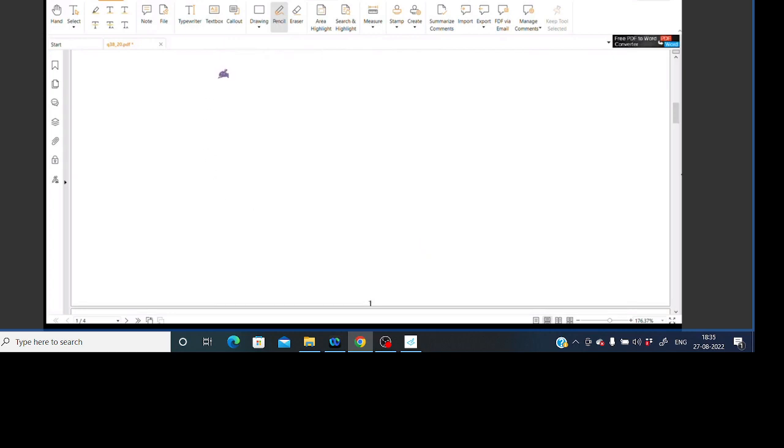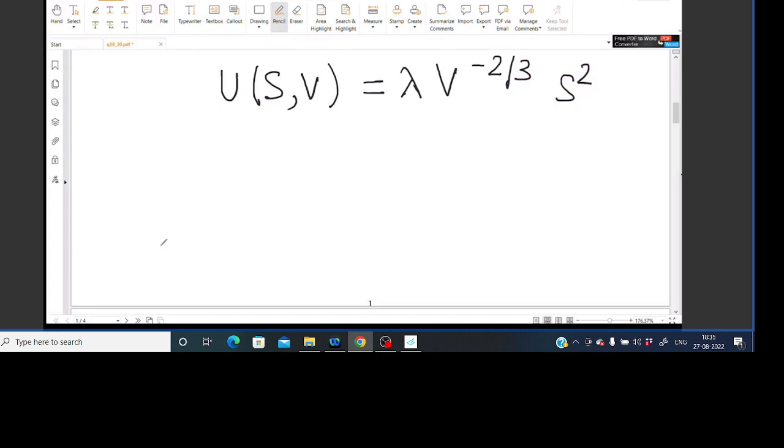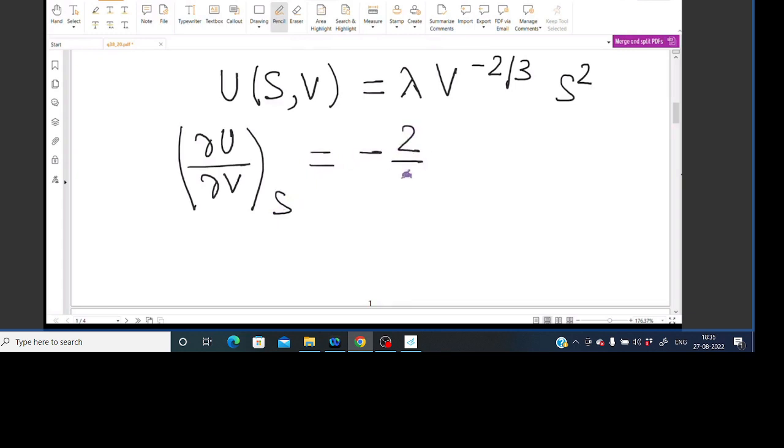In this question, we have U equal to lambda V to the power minus 2 by 3 S square. So del U by del V at constant S is equal to minus 2 by 3 lambda V to the power minus 5 by 3 S square.